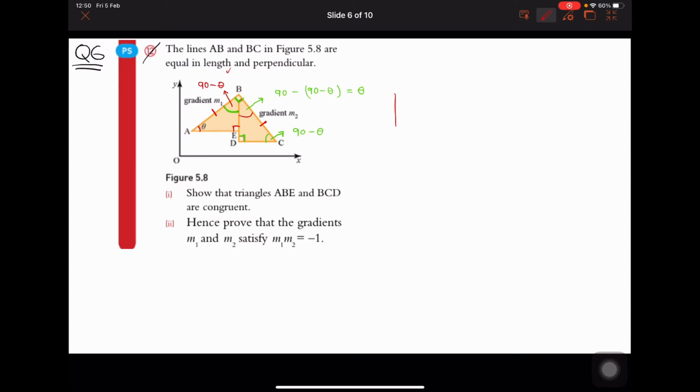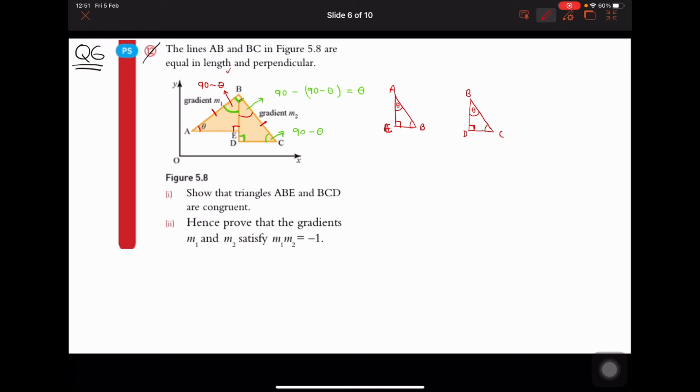We have ABE here and BDC. Okay, first thing we can establish is that they have the same exact angles.